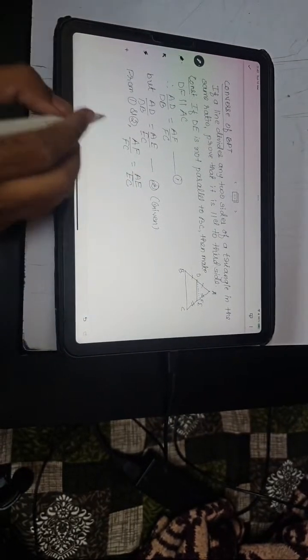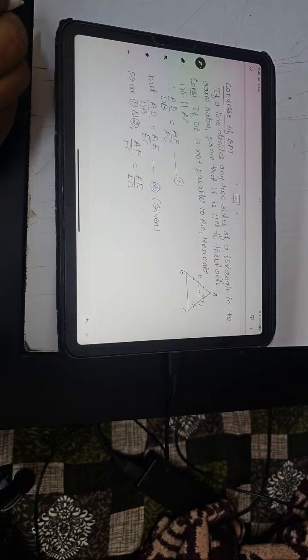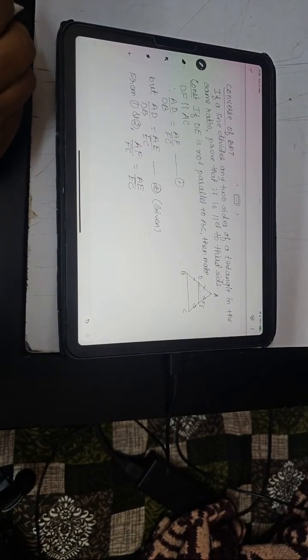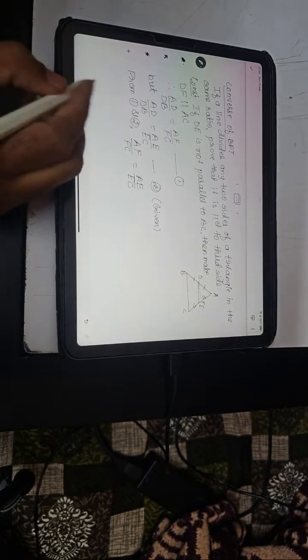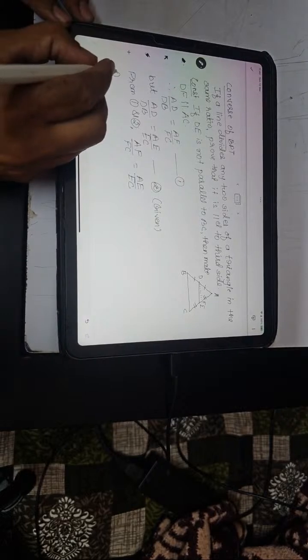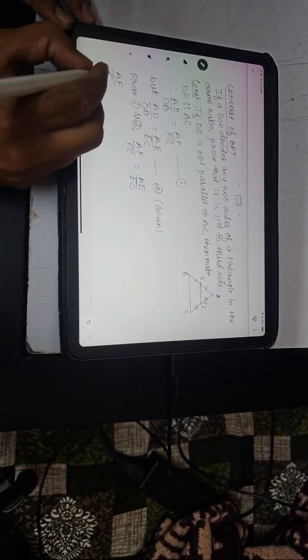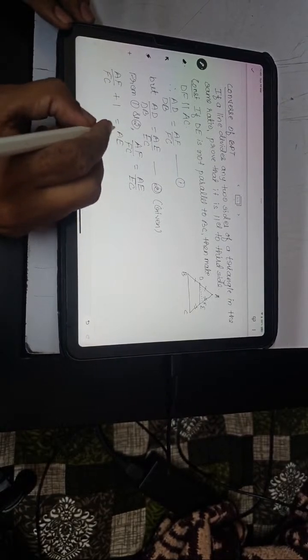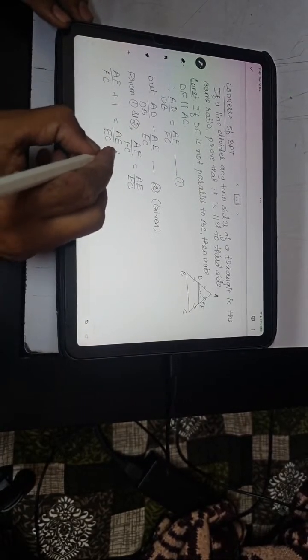Now see, left hand sides both are equal, so I would say right hand sides will also be equal. Now again, I am doing the same thing. I am adding 1 on both the sides. So AF upon FC plus 1 equal to AE upon EC plus 1.